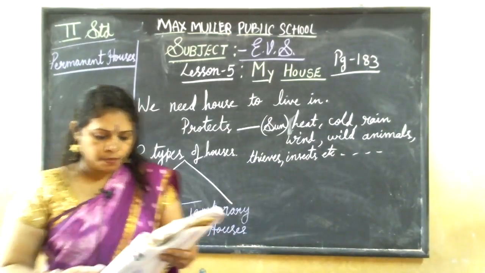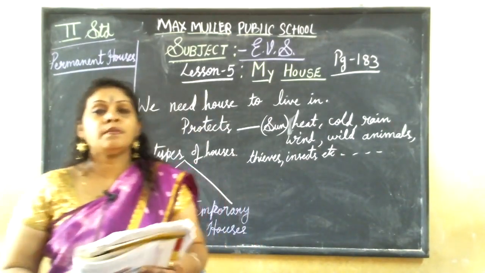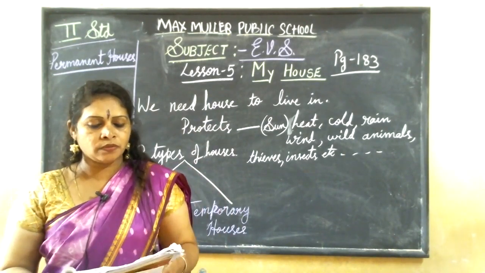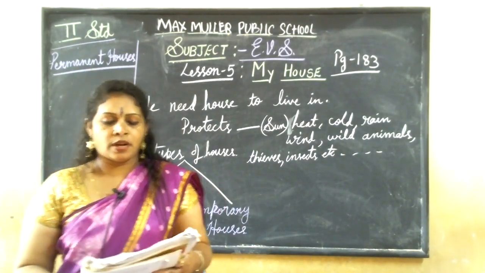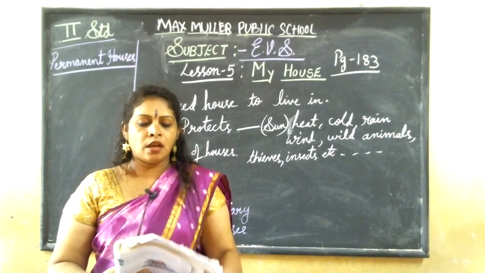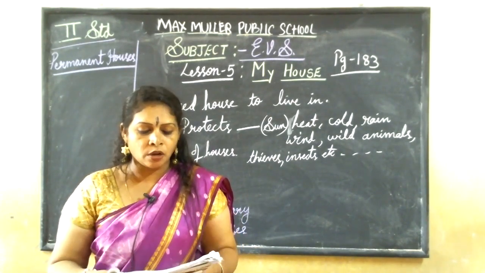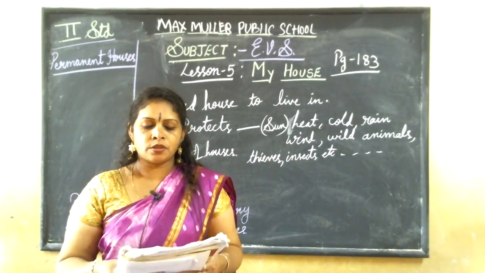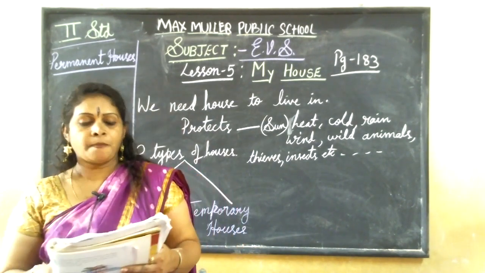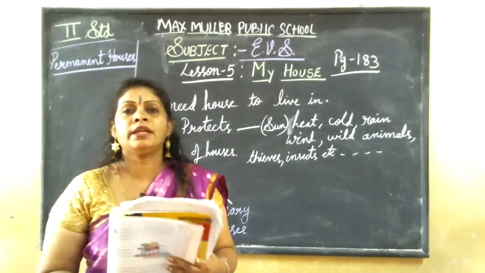Okay, now page number 184, permanent houses. Houses which cannot be moved from one place to another are called permanent houses. Permanent houses can be Kacha houses or Pucca houses.